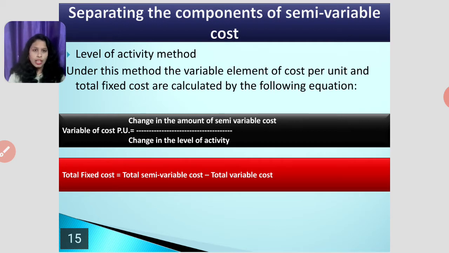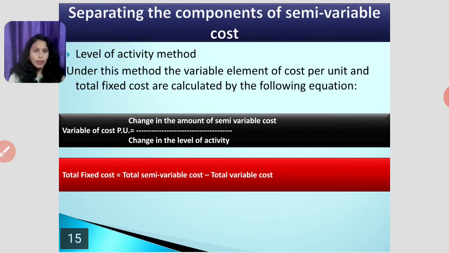These two contents we have to first find out and then replace here. So again I explain the formula. Variable cost per unit is equal to change in the amount of semi-variable cost upon change in the level of activity.